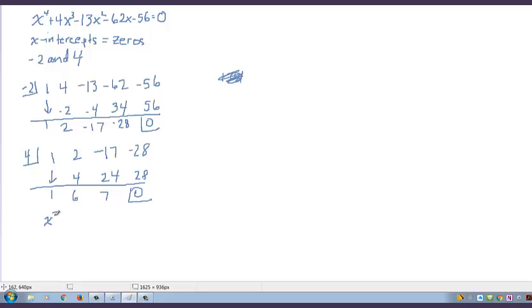This is now x squared plus 6x plus 7, which means we try and factor it, we can't, but we need to use the quadratic formula to solve the rest of this. So here is our quadratic formula.